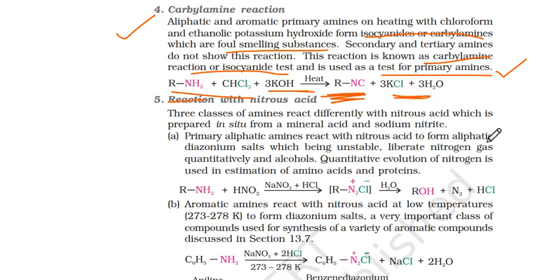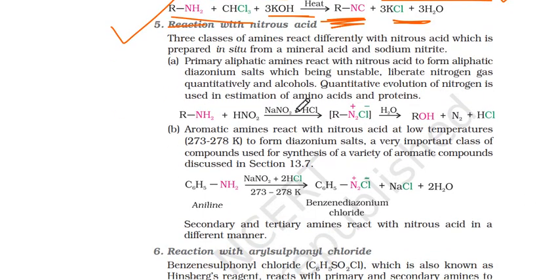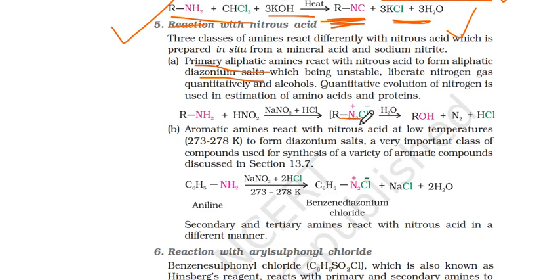Then coming to reaction with nitrous acid, HNO2. Nitric is HNO3. Three classes of amines react differently with nitrous acid. Alright, we have primary ones, and then primary aliphatic amines react with nitrous acid to form aliphatic diazonium salt. So N positive, Cl negative. This is basically your diazonium salt, which being unstable, liberates nitrogen gas quantitatively and alcohol.